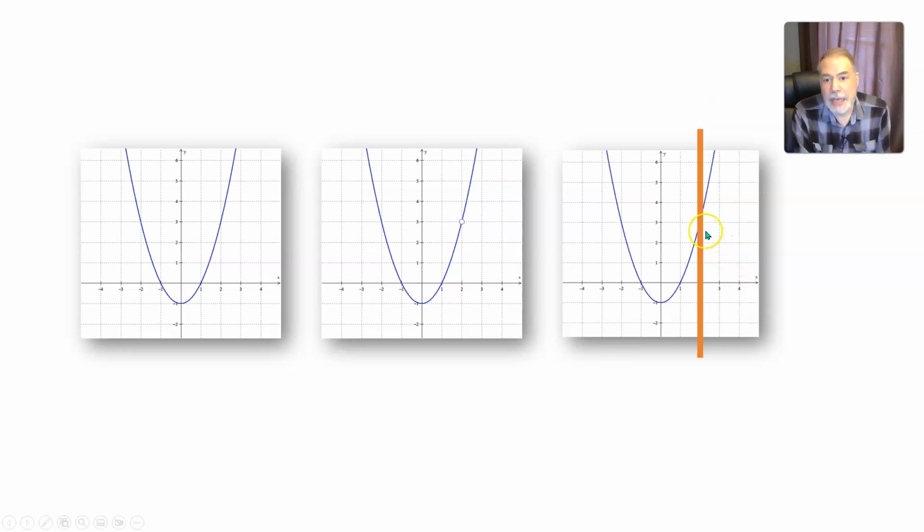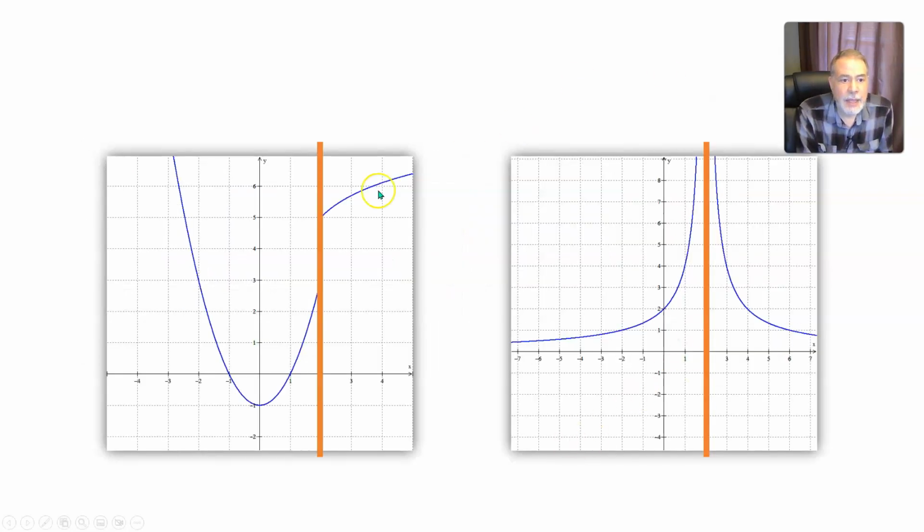And what about this? Again, you think there's going to be a point right there, but fooled you, it's actually way down here. It's not where you would have expected it to be. So that's another discontinuity. And if you look at this graph, where do you think there ought to be a point at x equals 2? Well, there isn't really a place that would fit with all the other nearby points. We can't put it down here because that wouldn't match with these points.